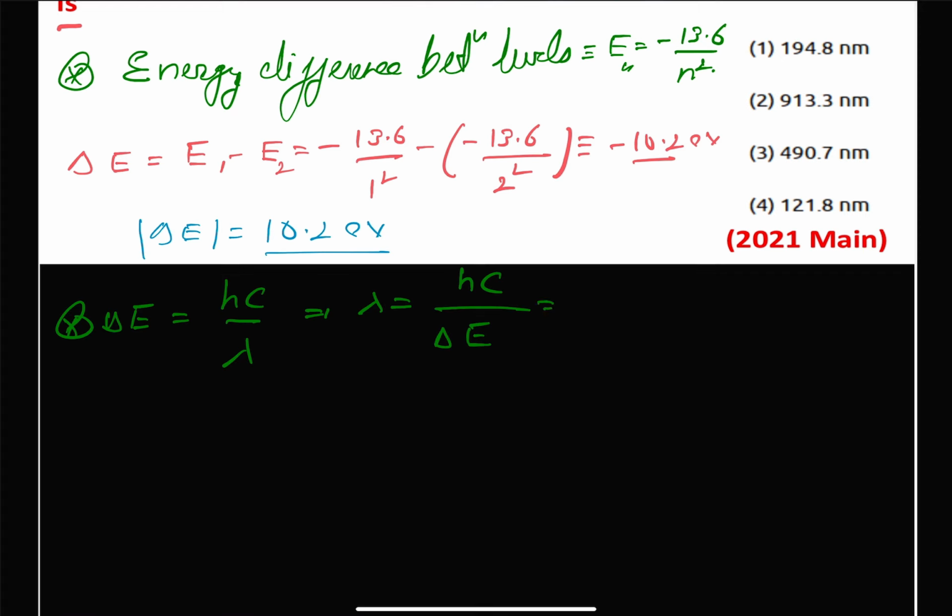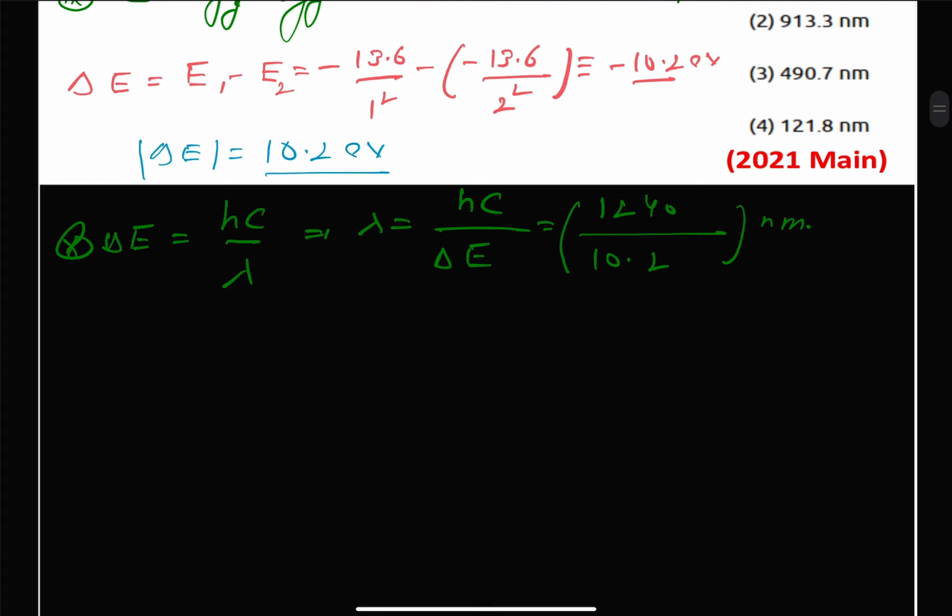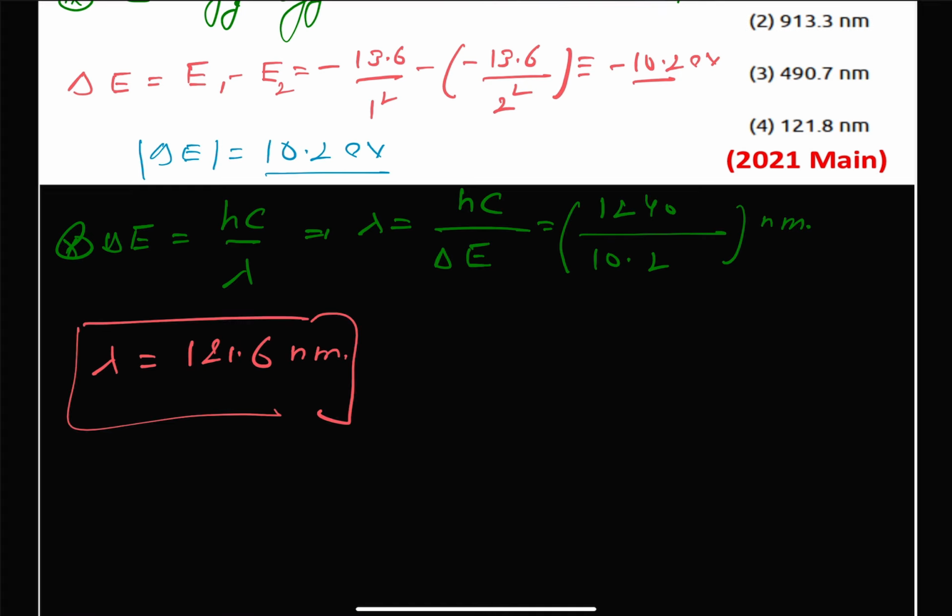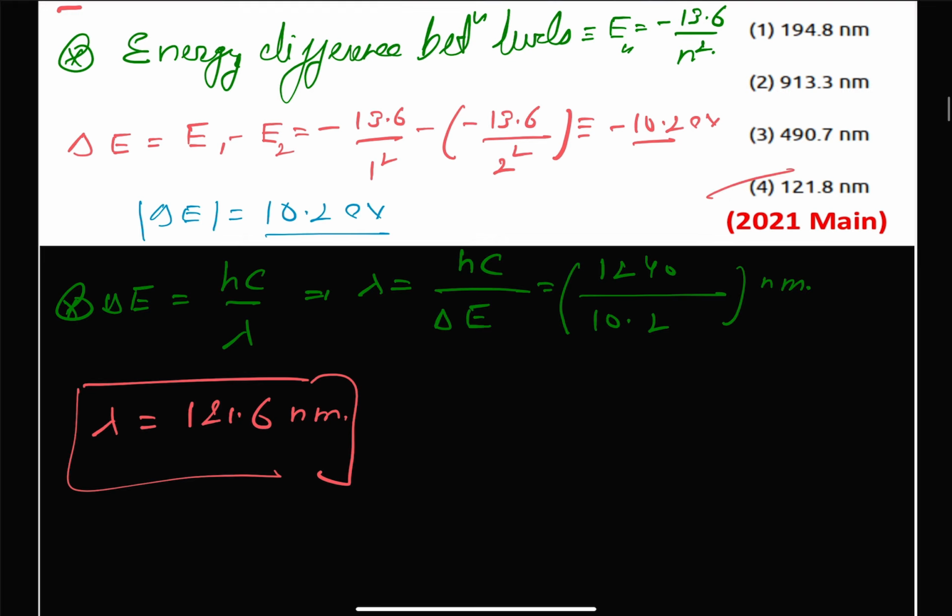Hc in terms of electron volt is 1240 and delta E is our 10.2, and whenever we substitute hc as 1240 electron volt nanometer, the unit of this wavelength is automatically nanometer, and this gives us that our lambda will be equal to 121.6 nanometers. So option number 4 is correct.